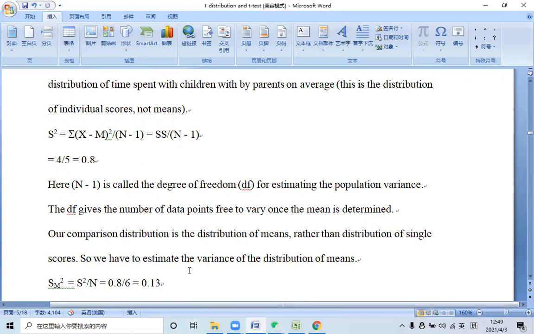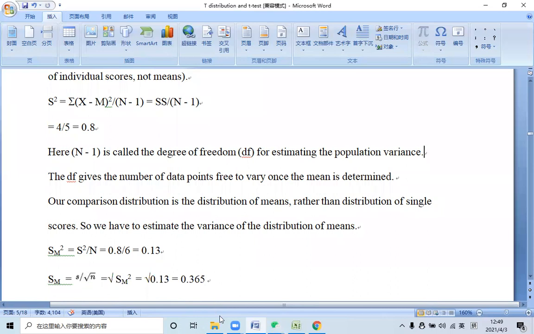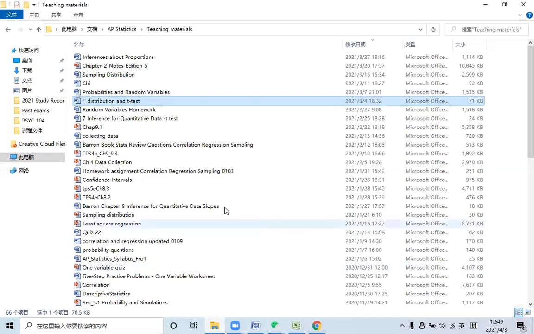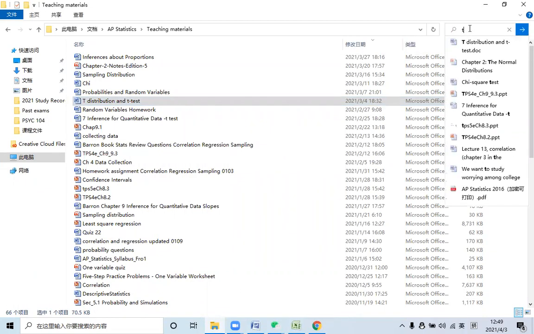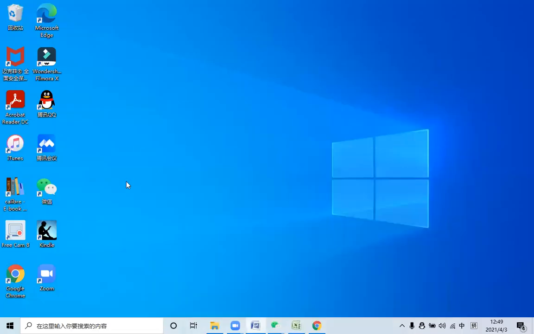Let's look at the t distribution from the textbook.